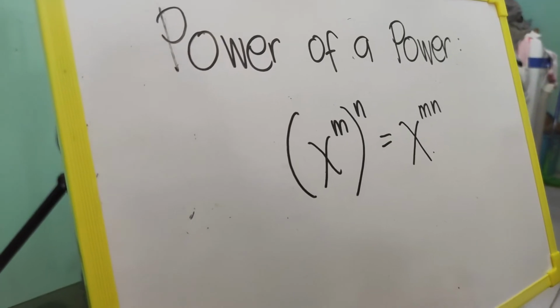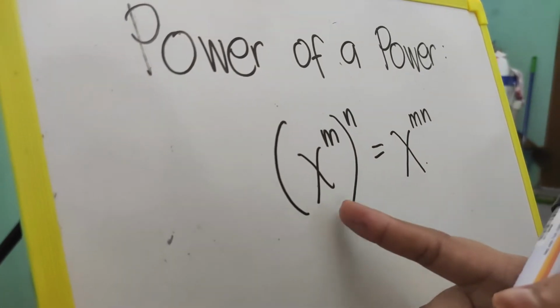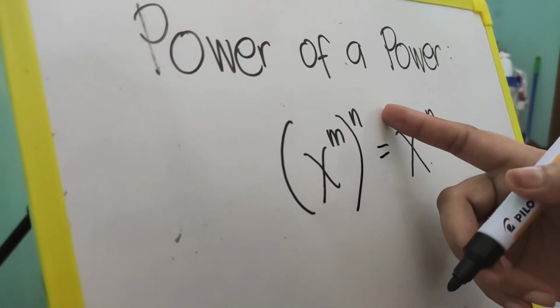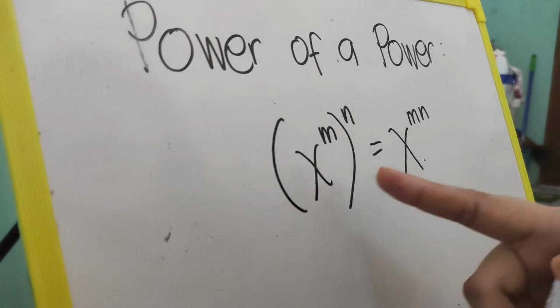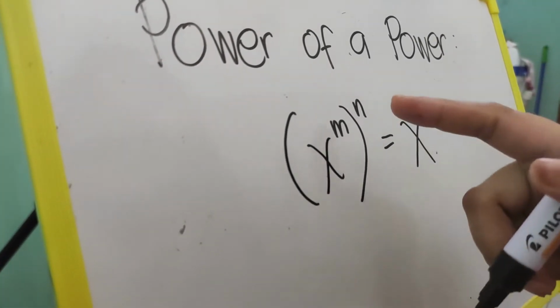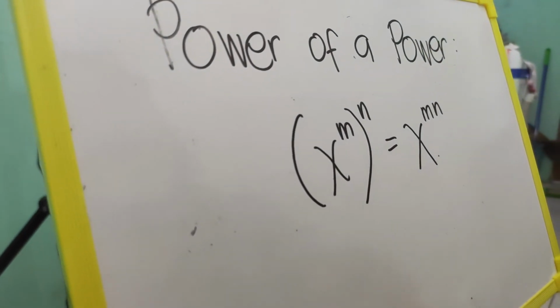Let's have the second law of exponent, the power of a power. If a given variable is raised to an exponent raised to another exponent, all you have to do is to copy the base and then multiply the exponents, or a power multiplied to another power. Let's have an example.